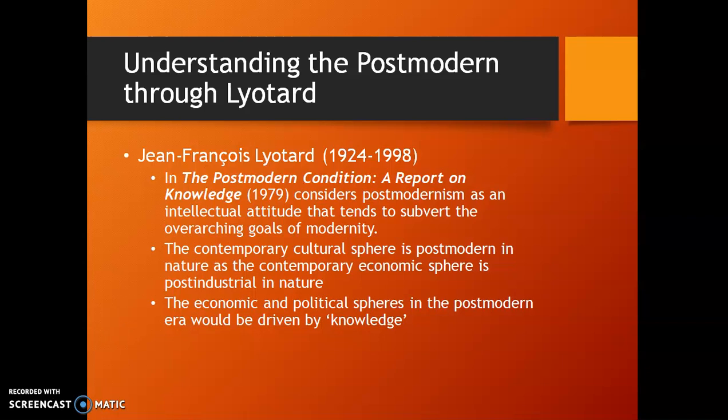But then these overarching goals were never fulfilled, and in fact, these noble goals of modernity actually resulted in certain ignoble scenarios. And that's why you will have the rise of fascism, the rise of totalitarianism in the 20th century.